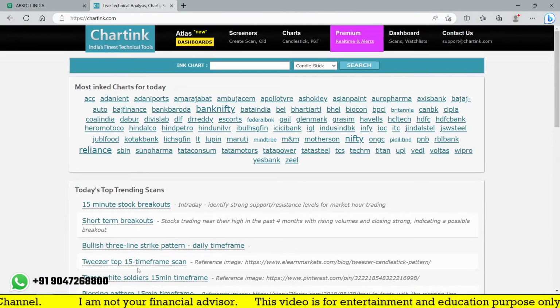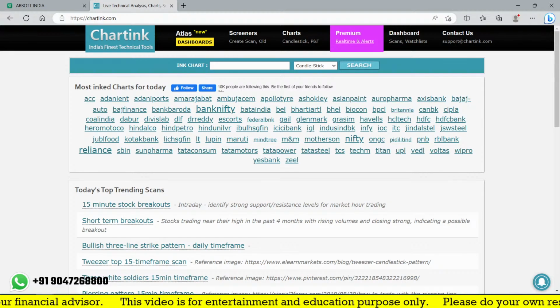First of all you should remember that in the Chartink CPR scanner an indicator is not available. Okay, so you need to remember that. That is the scanner which you are going to use, what I am telling you here in this Chartink dashboard.